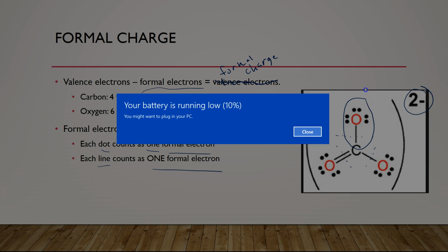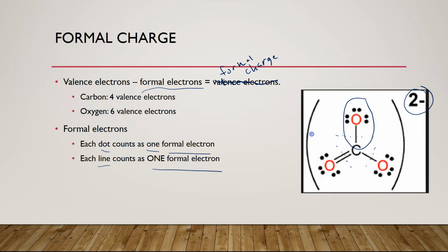But for the formal electron purpose, let's start with carbon here. So let's take this carbon element right there in the middle. We know carbon has 4 valence electrons. I'm going to go 4 minus, and each line counts as 1 formal electron, and carbon has 4 lines around it, so that's going to be 4 minus 4 equals 0 for my carbon there.